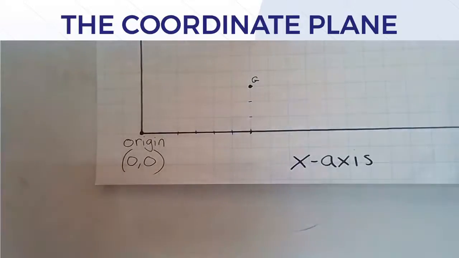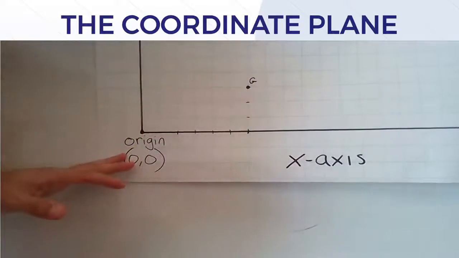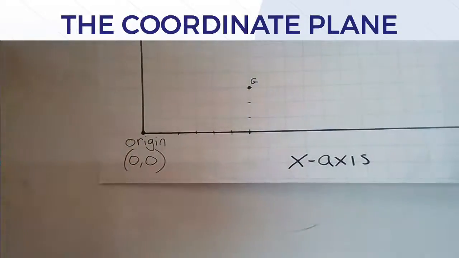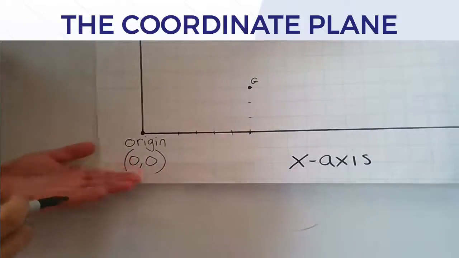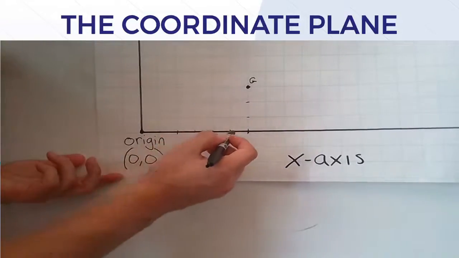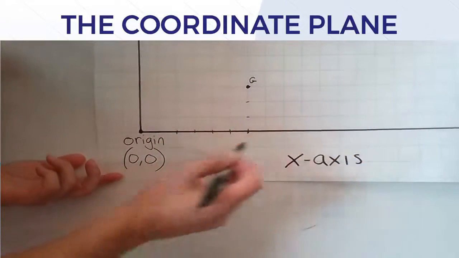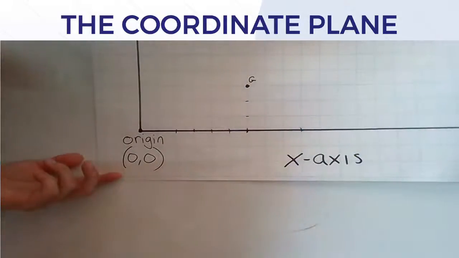And the way we show where this point is, because we can't just say to go to the grocery store, go 9 blocks, because it's like, wait, in what direction do I go 9 blocks? I could go 1, 2, 3, 4, 5, 6, 7, 8, 9. I went 9. There I am right here. Is that the grocery store?